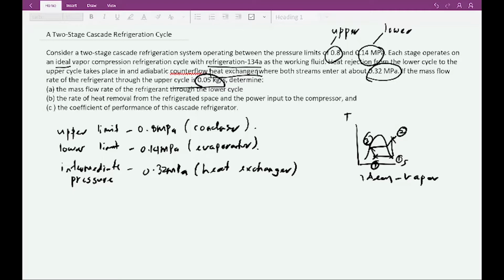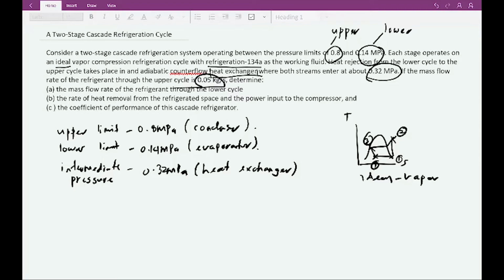If we want to combine two ideal vapor compression cycles together, we call this a cascade. So how do we put another cycle onto the first ideal vapor compression cycle? We put it on the upper limit of the previous cycle, so we just sketch another ideal vapor compression cycle.